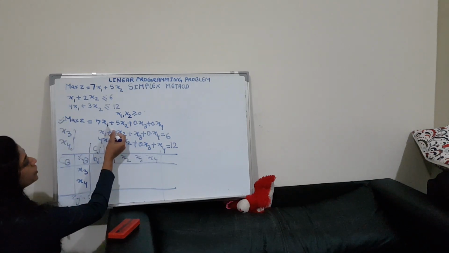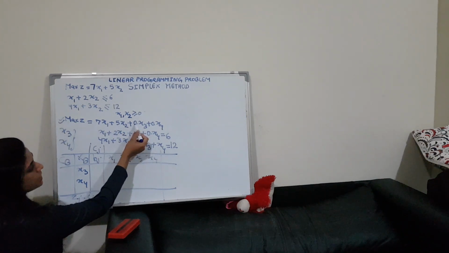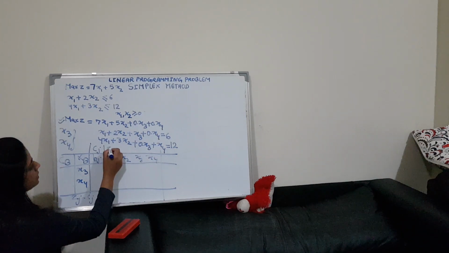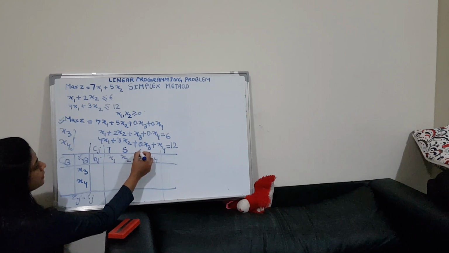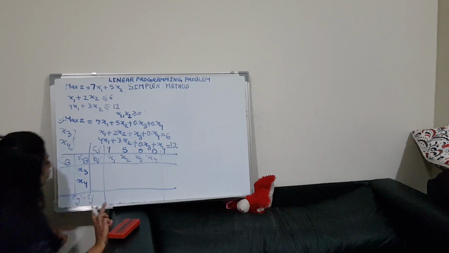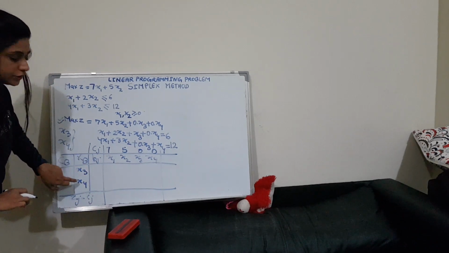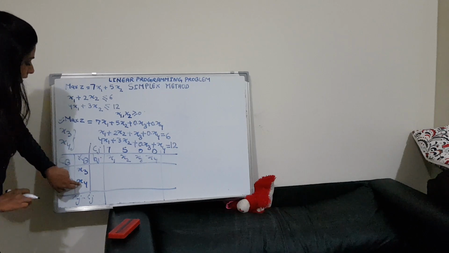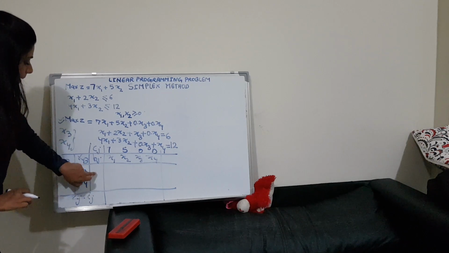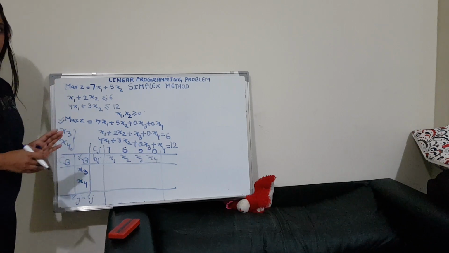So x1 coefficient is 7, x2 coefficient is 5, x3 0 and x4 0. 7, 5, 0, 0. Now Bj is the value of slack variables. So x3's value and x4 values we will write in front of x3 and x4. This we need to calculate.